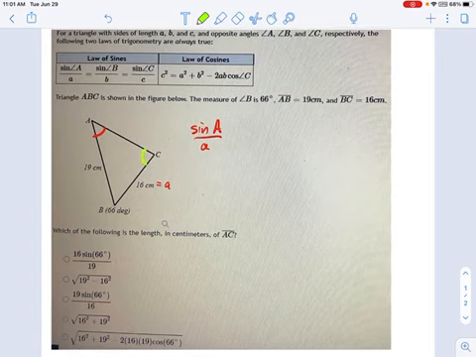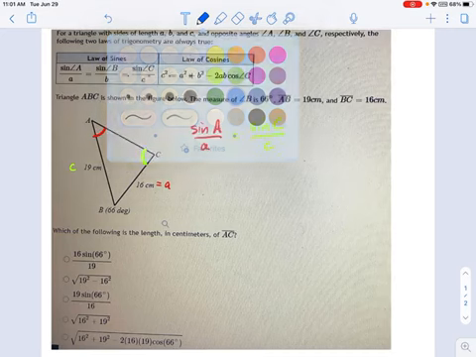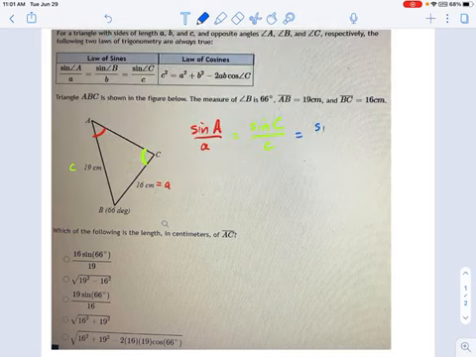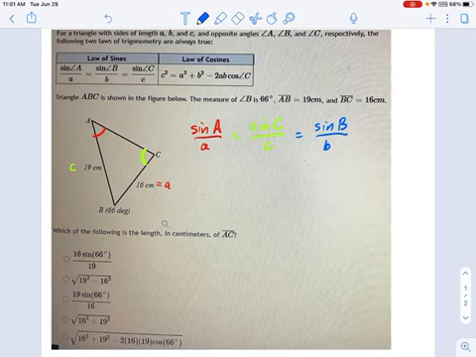So you have this big angle C right here, and there's your little side c. So this is going to be equal to sine big C over little c. And that is going to be equal to sine of big B over little b, right? That's the way the law of sines works.